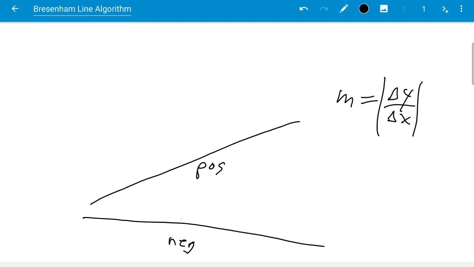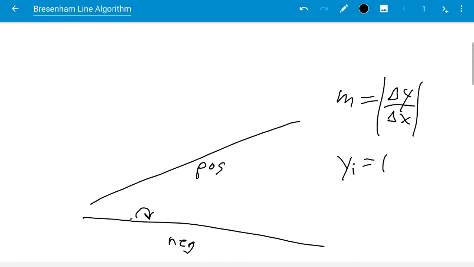And then our y value, instead of taking one step in the x and increasing our y value by 1, we decrease our y value by 1. So let's parameterize that change. Let's say we have a y increment. That's 1 normally.